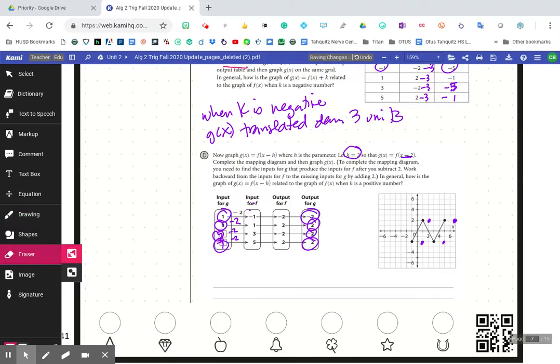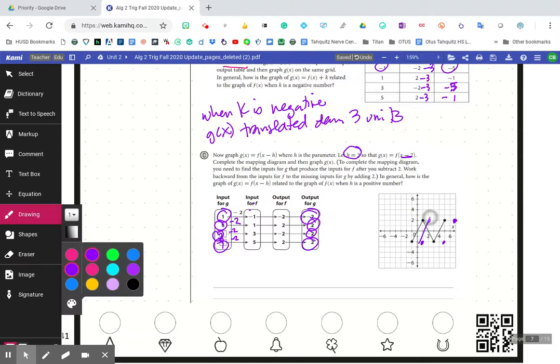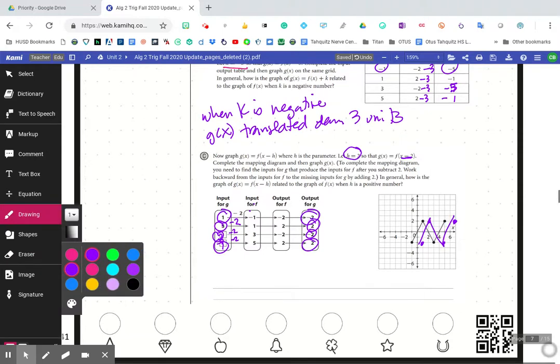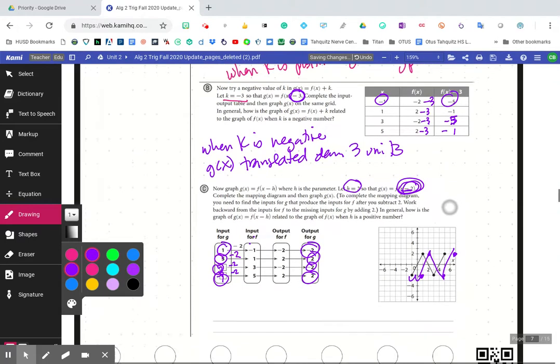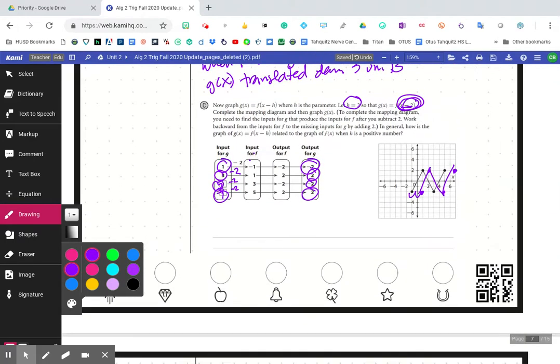All right, now let's look at what happened here. So I'm going to go ahead and sketch it. We've got our graph, and notice it still shifted, but it went to the right instead of up or down. Notice that this was different because we were adding and subtracting within the parentheses, whereas on these ones we were outside. It was a Y movement when it's outside, but when it's inside the parentheses, it's more of an X movement.